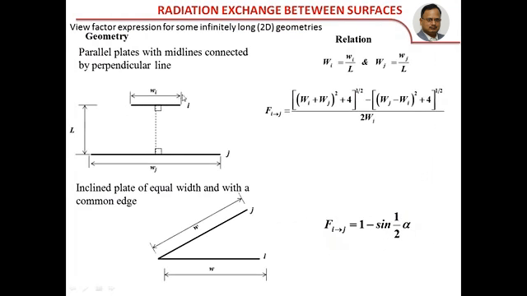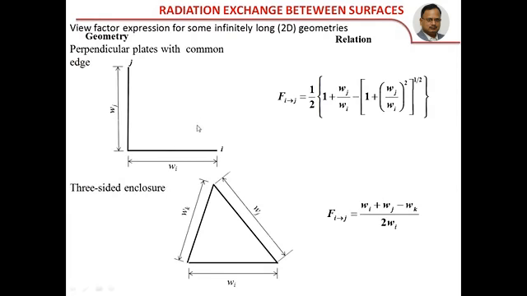If parallel plates with midlines connected by a perpendicular line, then the formula for shape factor is this. If you have an inclined plate of equal width and with a common edge as shown here with an angle alpha in between the two plates, then Fi to j is given by this formula. If you have perpendicular plates with the common edge, again this is the formula.